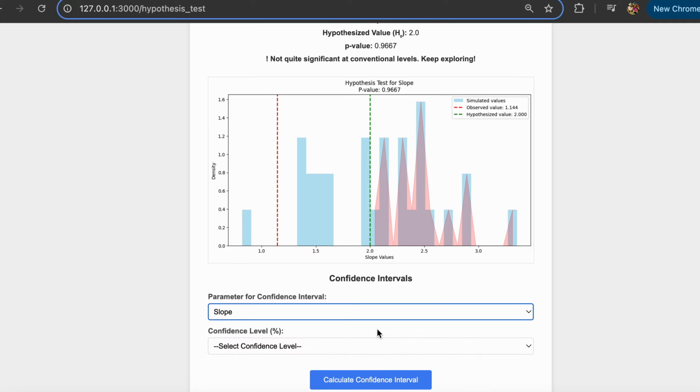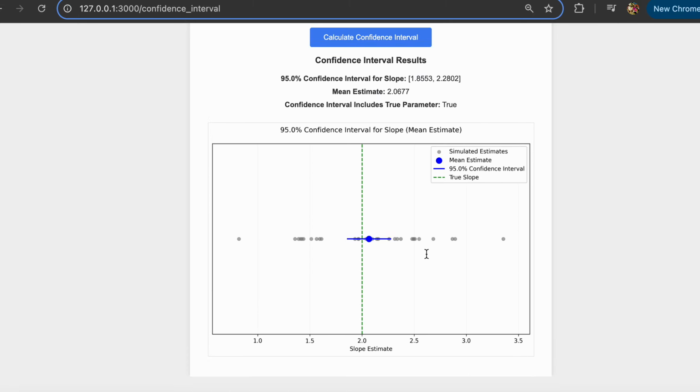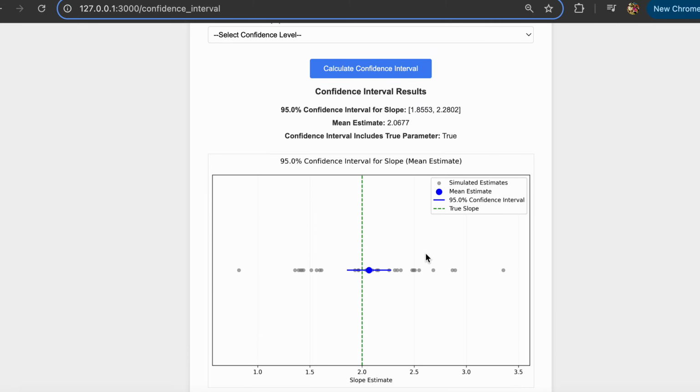And for the confidence interval, for example, if we do something like this, we'll get a true. How we computed the confidence interval is that we take the simulated estimate, either the slope or the intercept, calculate the mean of the estimates, calculate the standard deviation, use t distributions, and apply the margin of error.